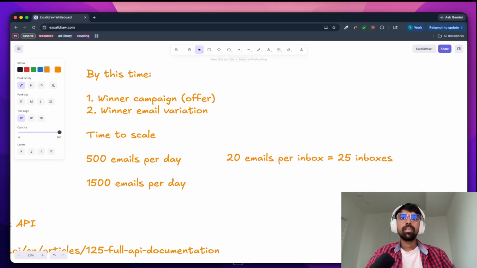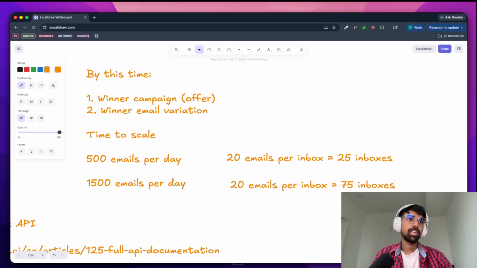Now, when you want to scale to 1500 emails, you'll need three times. So you need 20 emails per inbox still, because you don't want to scale the volume per inbox. You only want to scale number of inboxes for your infrastructure. So you need the three times the volume, right? So you need 75 inboxes instead.